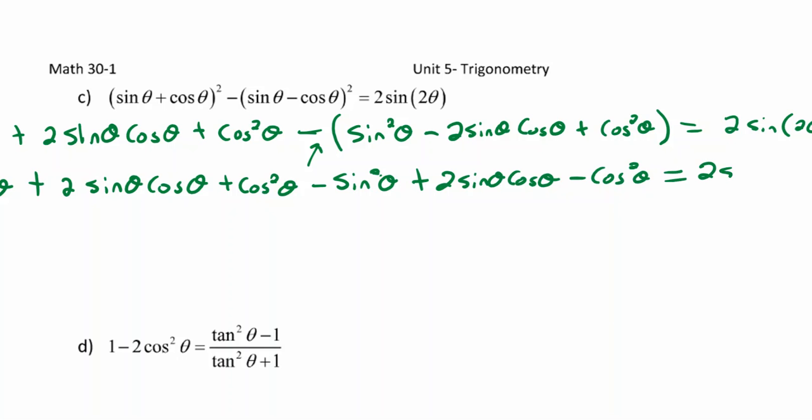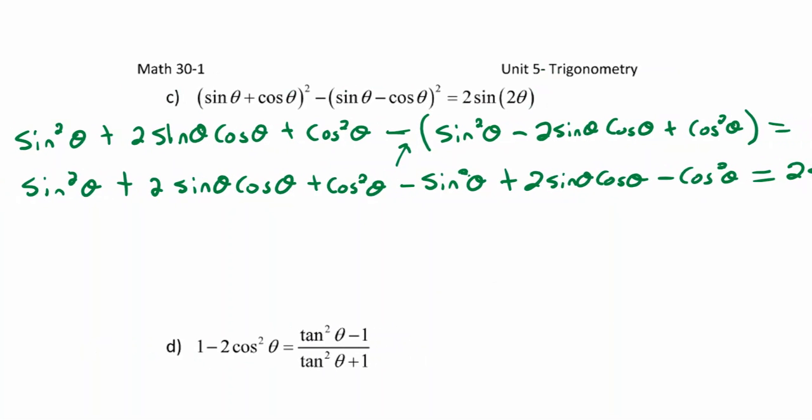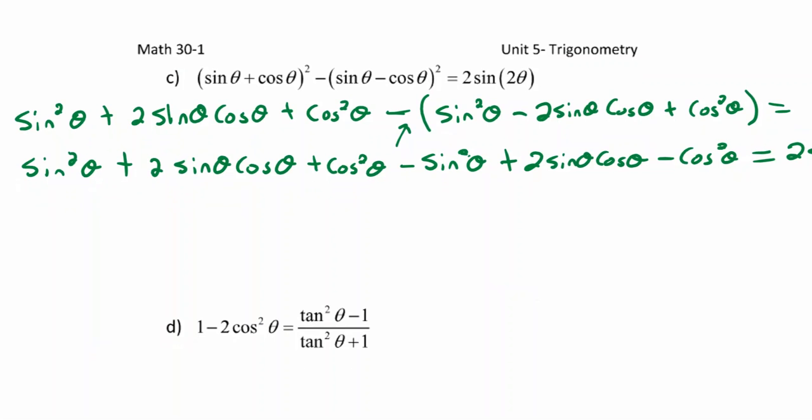It's supposed to be equal to 2 sine 2 theta. All right, now the fun part. Now we actually get to start canceling some things. Do you see what we have going on here?